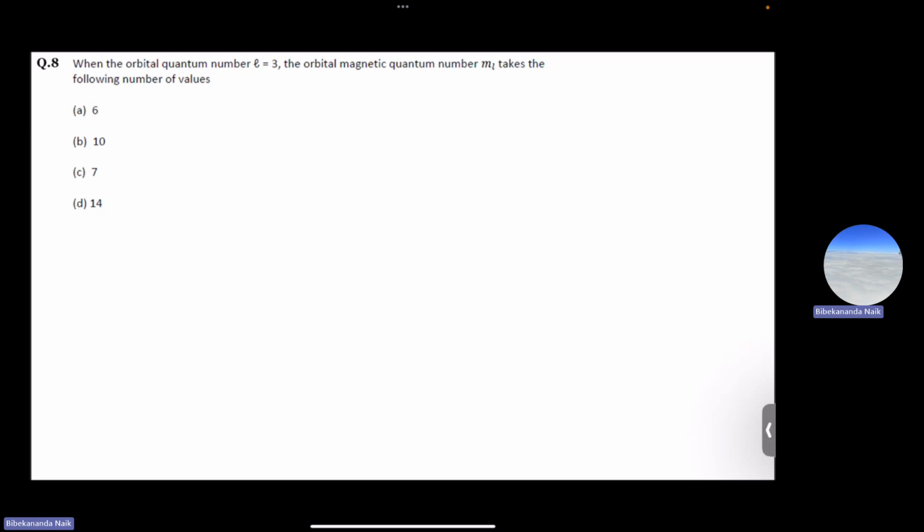Now talking about the question. For orbital quantum number L equal to 3, we have 3L plus 1 number of ml values. Sorry, it will be 2L plus 1 values, not 3L.